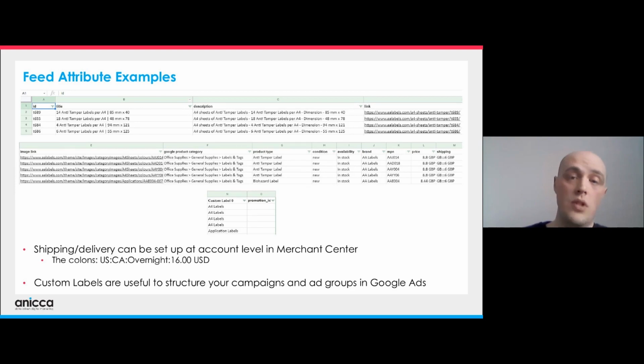If you don't have product types or brands, you want to use custom labels. I would recommend that you use custom labels so that you can divide up your products into different categories. Usually you'd build the feed in the same way as your website layout or categories.